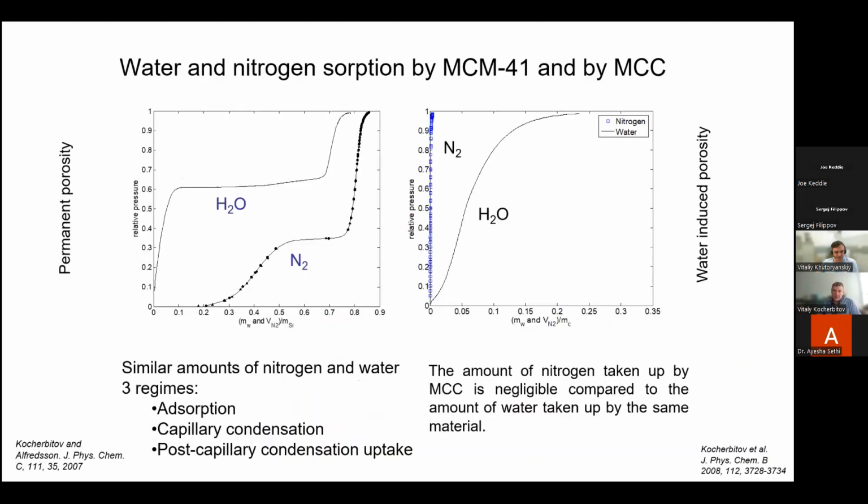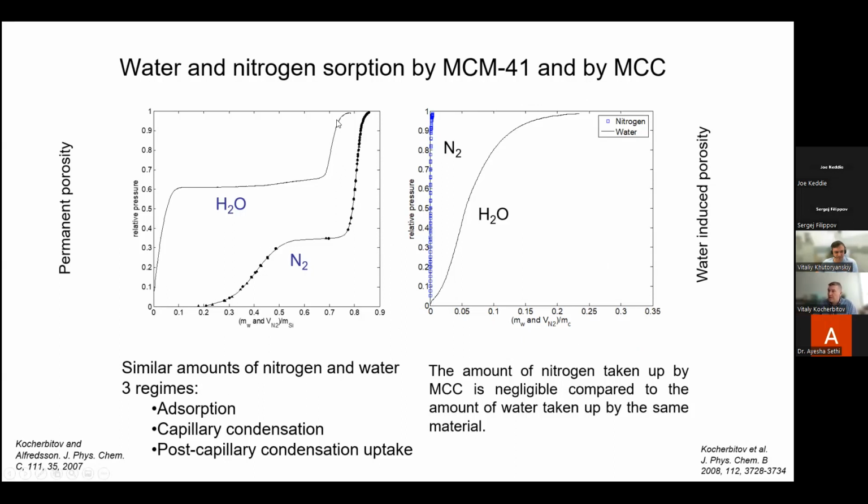So I can show you some data that we obtained quite a long time ago, in 2007, where we did nitrogen sorption and also water sorption by nanomaterials with permanent porosity, MCM41, which you can see on the left side, and also microcrystalline cellulose, which you can see on the right-hand side.